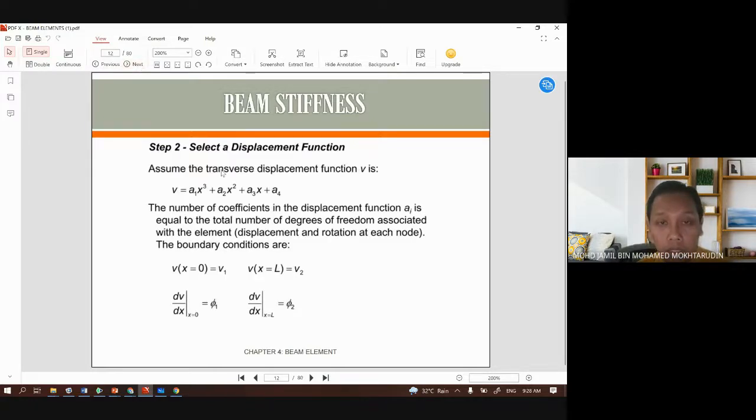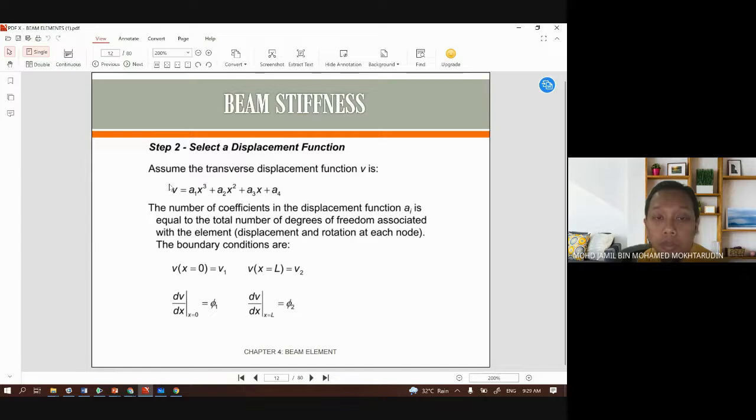In the beam, we have the transverse displacement, or the displacement v. We can derive it in terms of x using this equation, so we call this the displacement function. In the finite element method, we have a lot of displacement functions, but the most common one is a polynomial function.